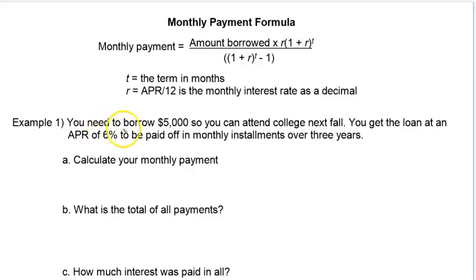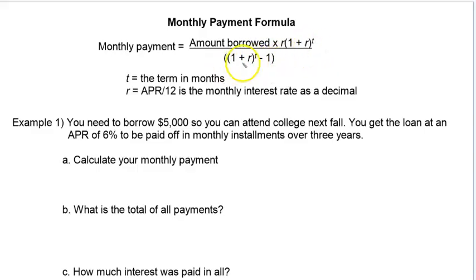That would be 1 plus 0.06 over 12. You can see that on your other sheet. T is the term in months. So if you're told 3 years, then t will be 36.